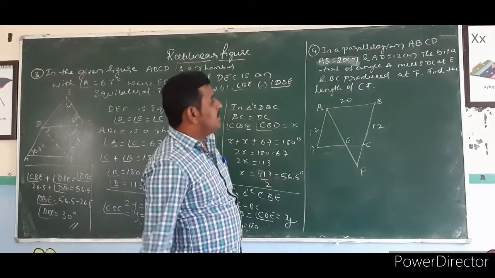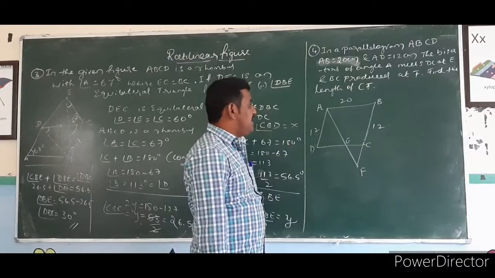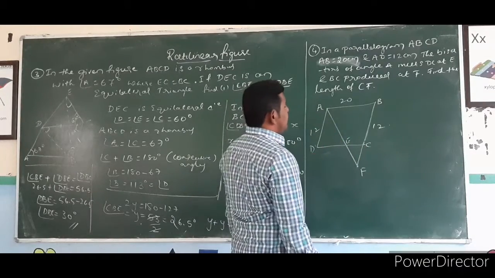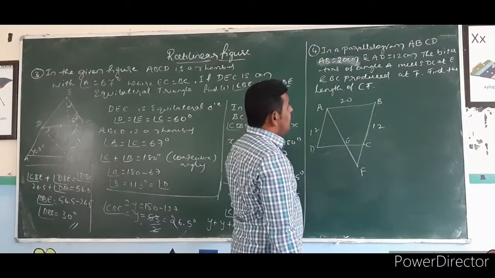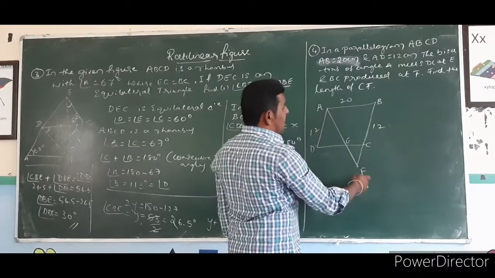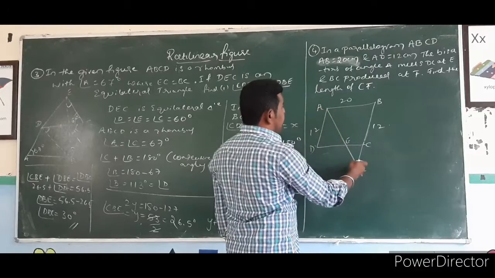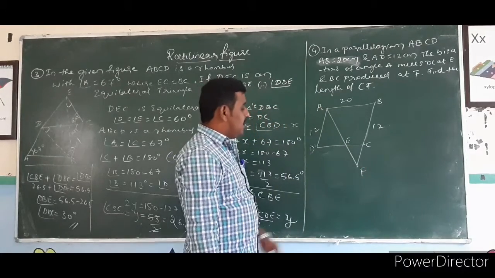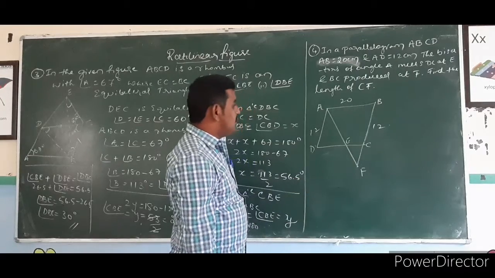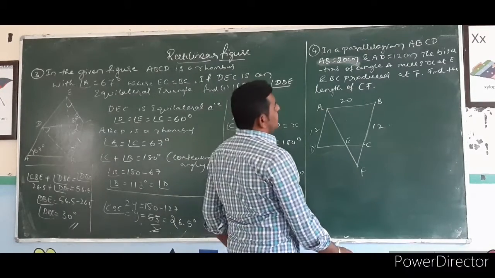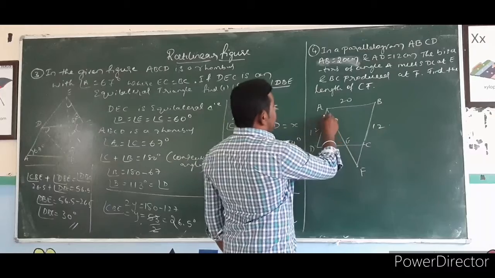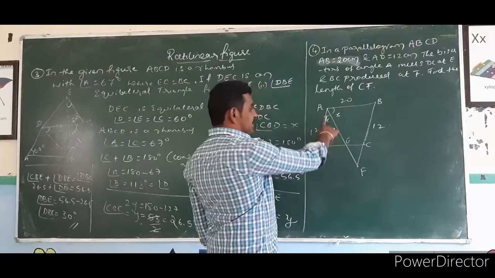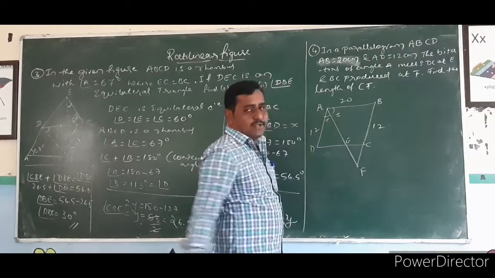Next problem. In a parallelogram ABCD, AB is equal to 20 and AD is equal to 12. The bisector of angle A meets DC at E, and BC is produced to F, up to the point F. So bisector: if this angle is x, then this is also x.